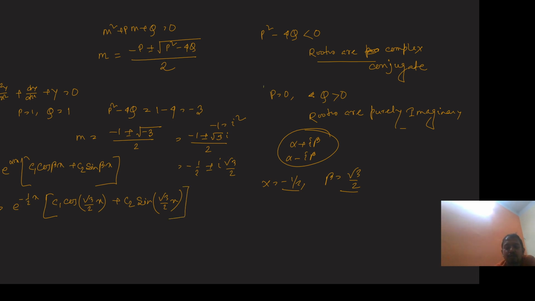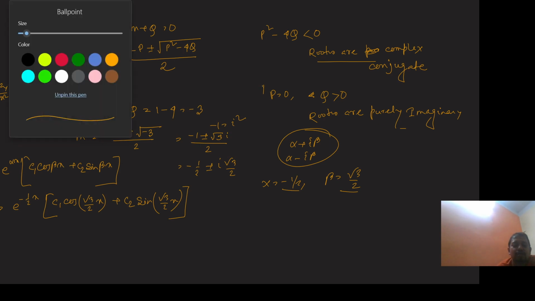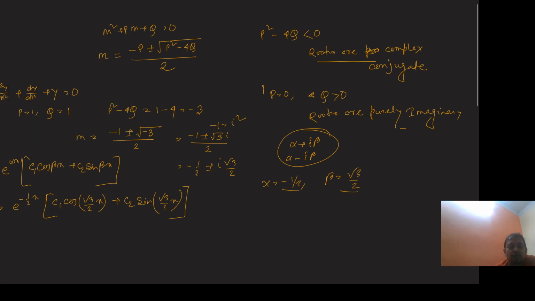And the next part is p is equal to 0 and q greater than 0. So here, if we take the equation and make dy/dx equal to 0, for this case we take the equation d2y/dx2 plus y is equal to 0.